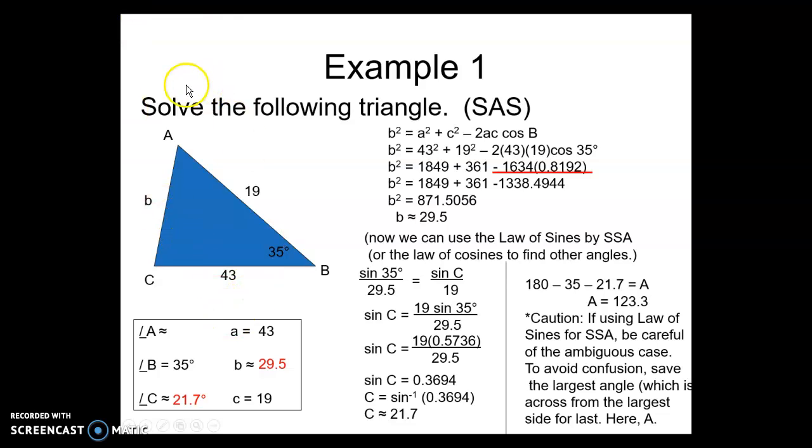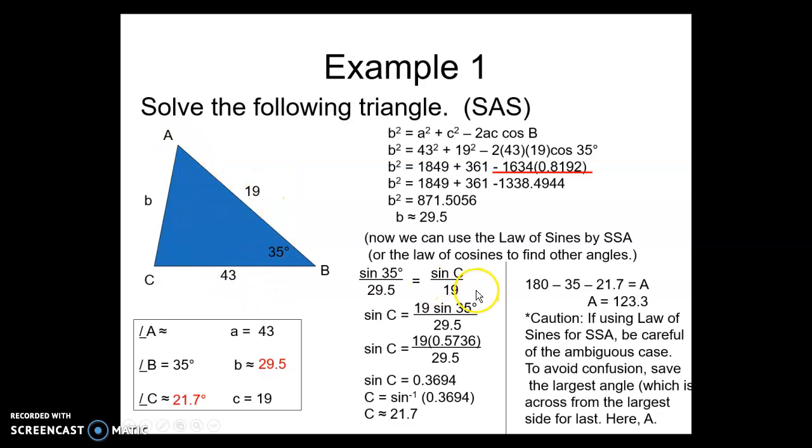That's why I didn't do angle A here, because angle A could have been obtuse, and since we had side-side-angle, it's ambiguous. Remember, inverse sine functions do not give you obtuse angles. They only give you angles between 0 and 90 degrees. So save the largest side, and the angle associated with it, for last.